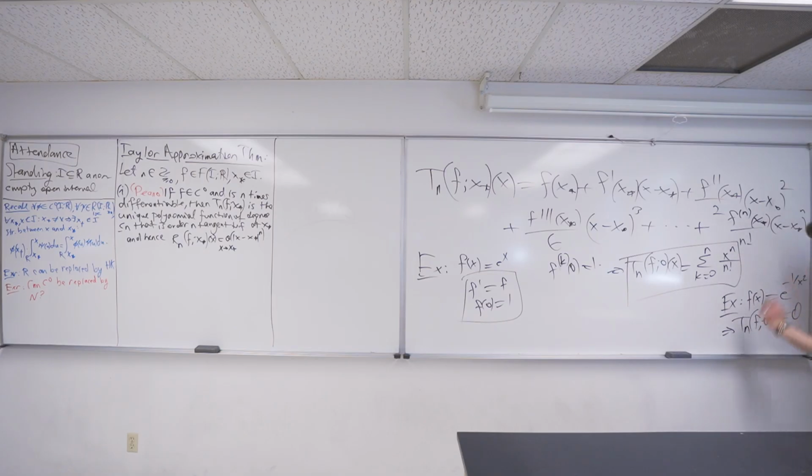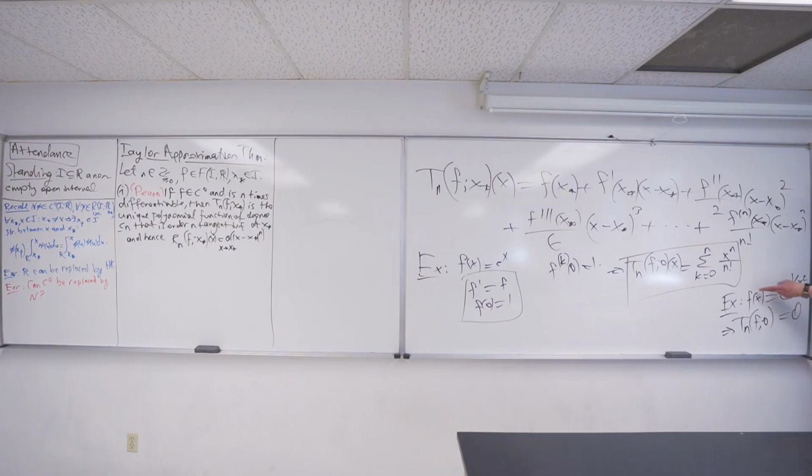So the nth Taylor polynomial of this function at 0 is a polynomial that is constantly 0. So you see, for this function, something is going very wrong here. Even though I can look at the sequence of Taylor polynomials, if I were to look at this infinite sum, I'm just adding 0 infinitely many times to itself. It's going to be 0. So I'm not going to be able to recover f itself.